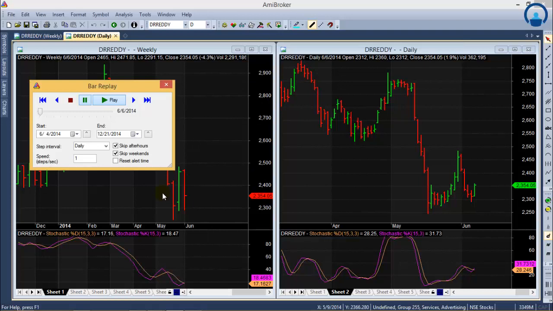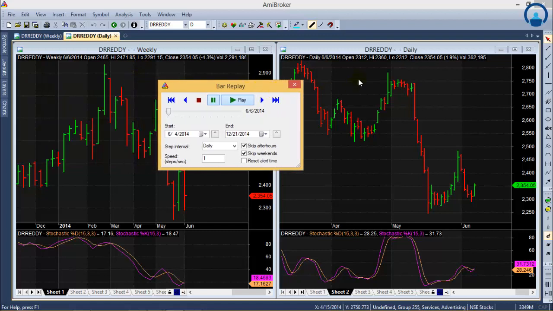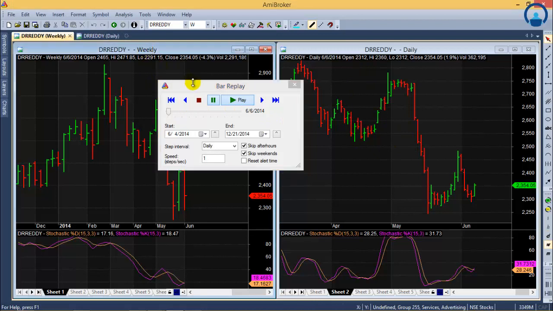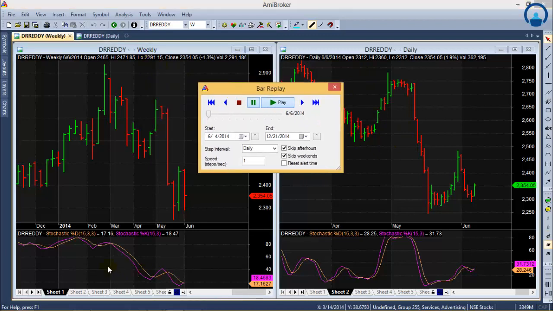So this is a chart of Dr. Reddy. On your left hand side is the weekly chart of Dr. Reddy, and on the right hand side is the daily chart. In our weekly chart, let's look at the stochastic indicator level.